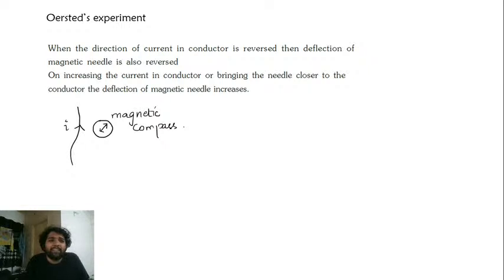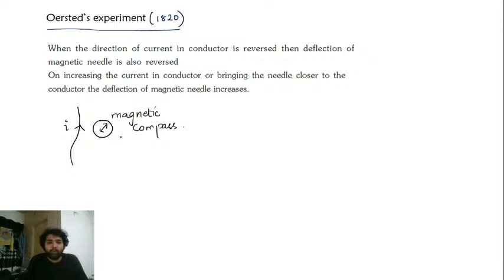It was not until the 19th century that anyone knew this. It happened only in the 19th century. Got it? In 1820, Oersted was explaining to his class, and accidentally, he was passing current through a wire, and he observed that there was a deflection in the magnetic compass.